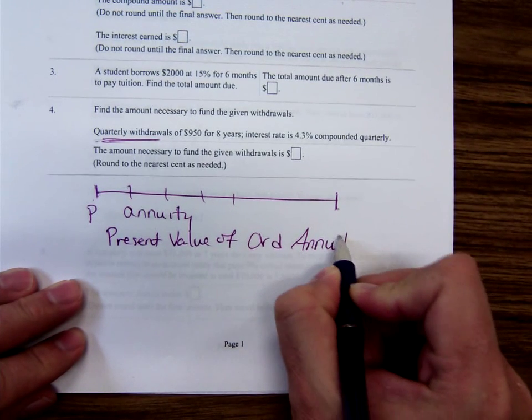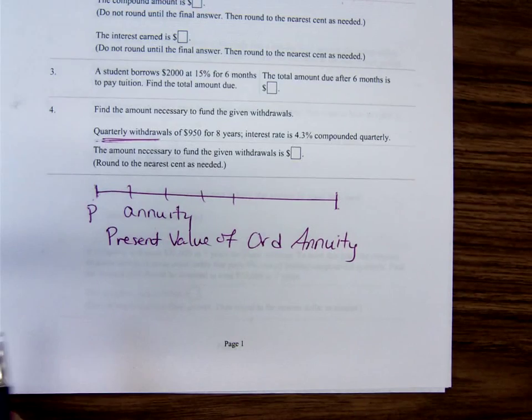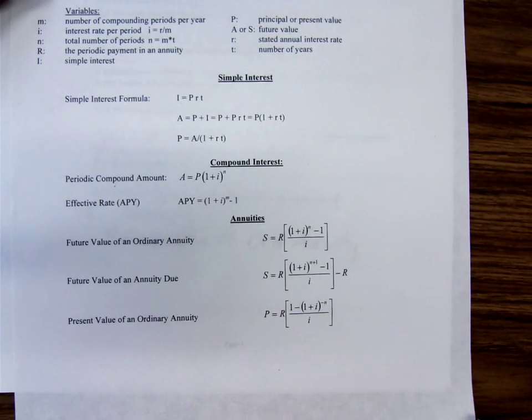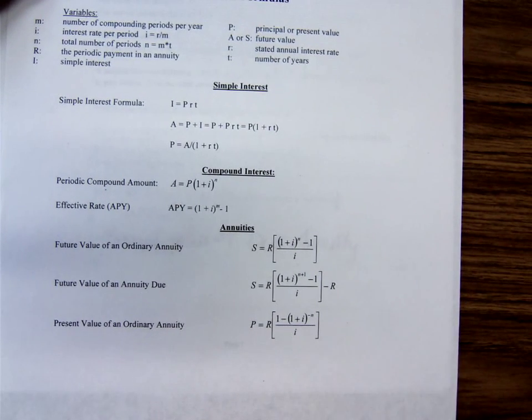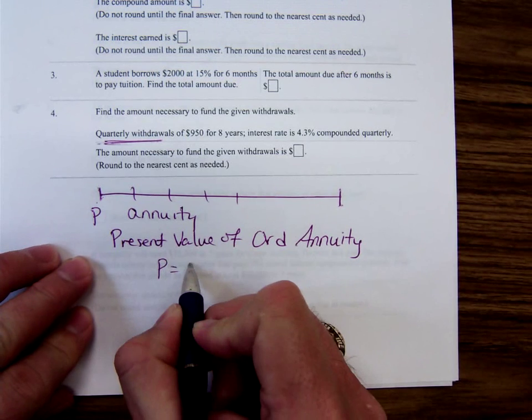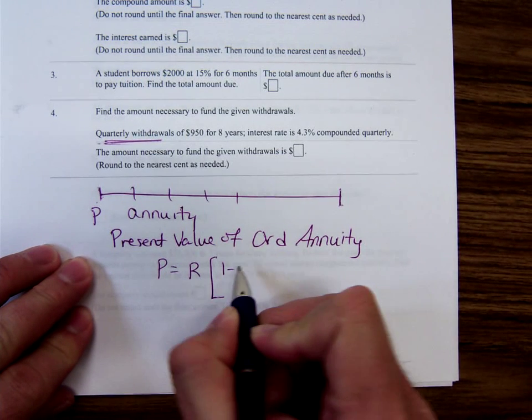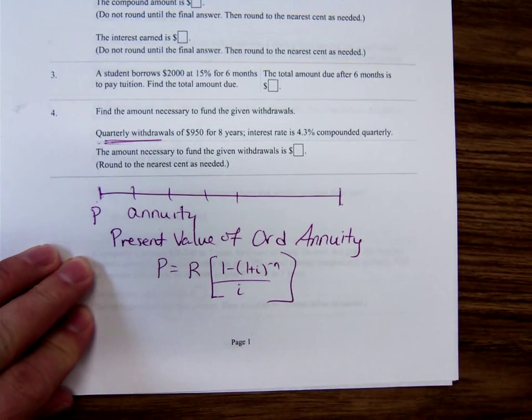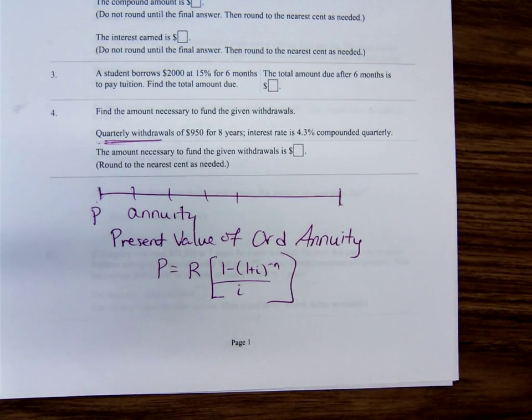On that little formula listing that I have right here, which you should be able to find under document sharing on my math lab, it's this last one. P equals R times 1 plus i to the negative n, all over i. And hopefully at this point R is the payments of $950.